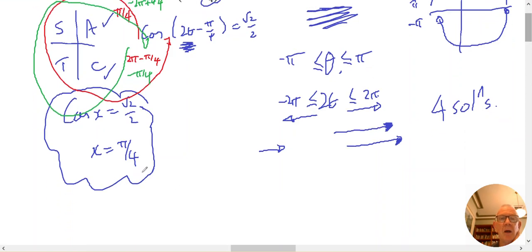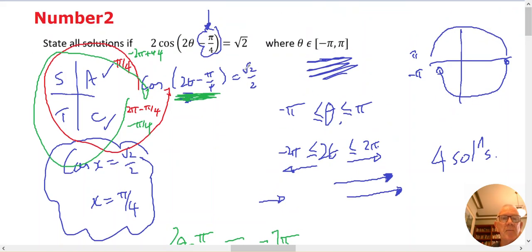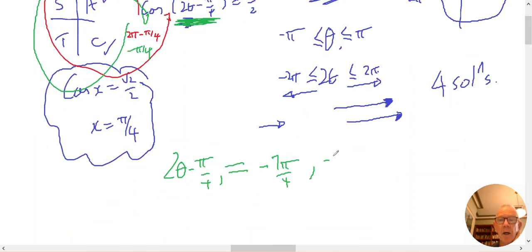So this is my angle. 2 theta minus pi on 4 should equal minus 7 pi on 4, which is what minus 2 pi plus pi on 4 is, minus pi on 4, pi on 4, and 7 pi on 4.